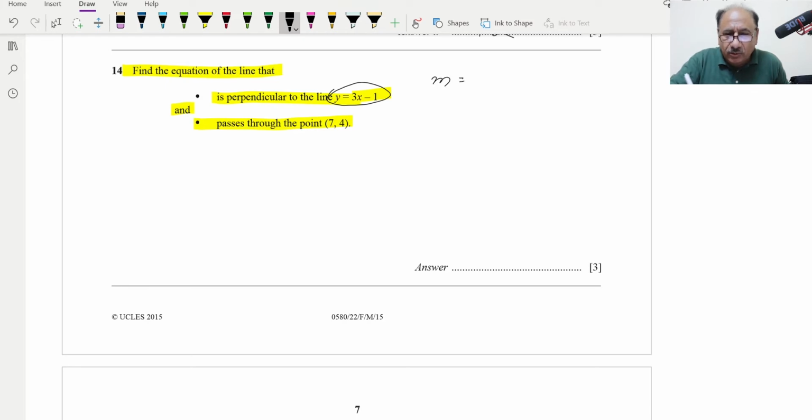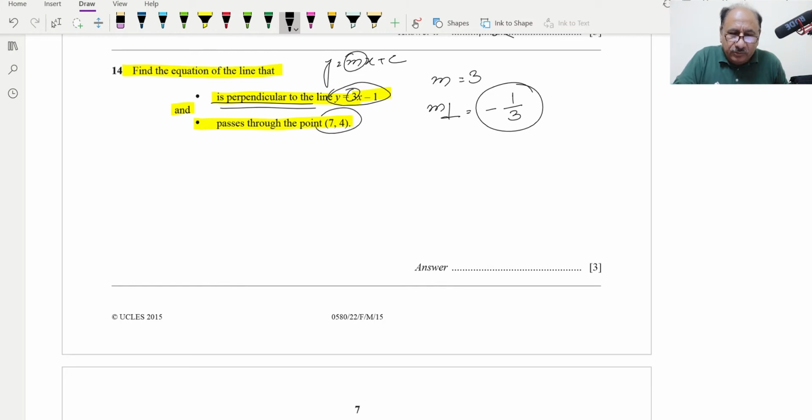We can check y is equal to mx plus c, so m value is 3 in this case. A line which is perpendicular to this given line has gradient equal to the negative reciprocal, so minus 1 over 3 we will take as the gradient.